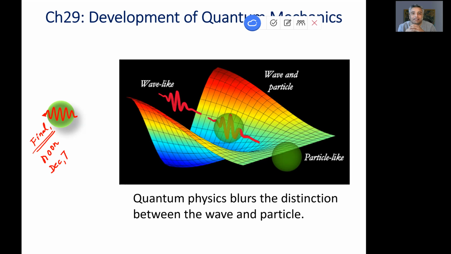Then there was a need for the introduction of quantization, and any physics that uses that concept of quantization is now called modern physics. Okay, so that's the cutoff between them.